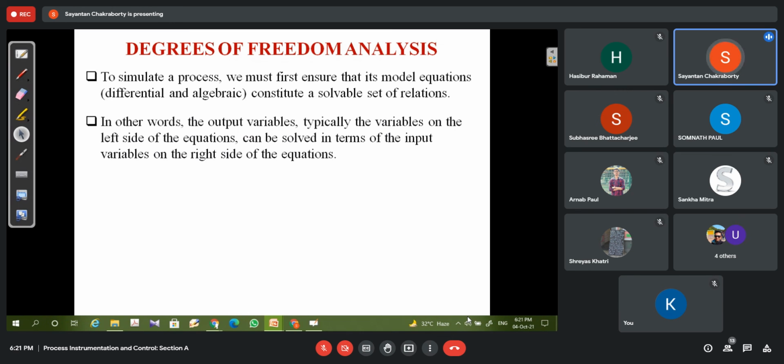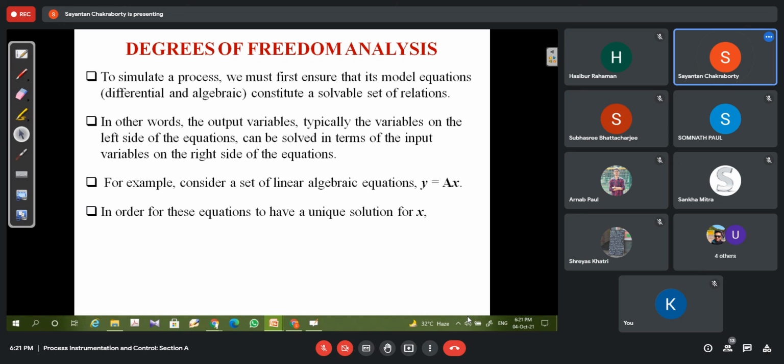So, what we have to do: the output variables can be computed by the relations that you have given based on the input variables. That is a common philosophy. That given an output and input, we should be able to calculate the output from the information of input. For example, if you have a set of linear algebraic equations, y, obviously a vector, equal to A into x, where A is a matrix and x is another vector. This set of equations will have a unique solution for x provided the vectors x and y contain the same number of elements.